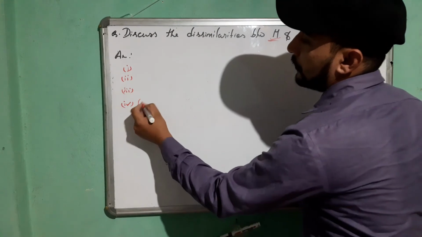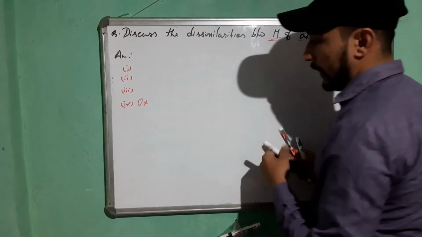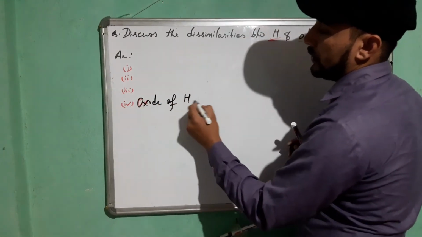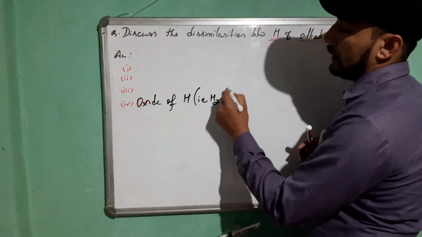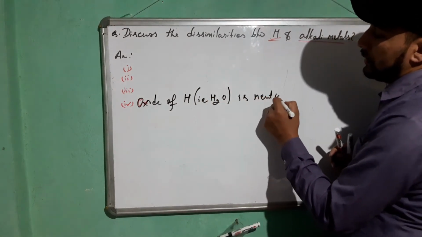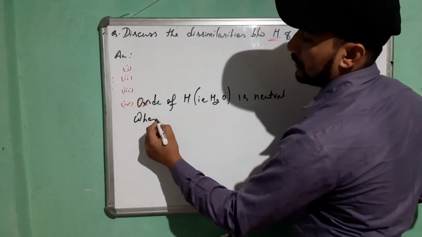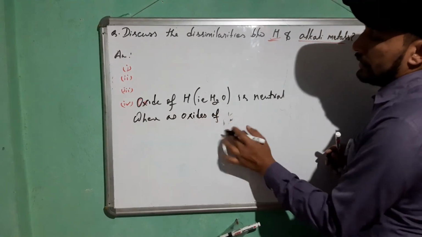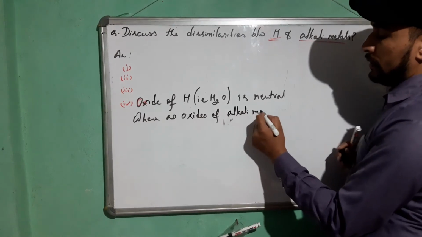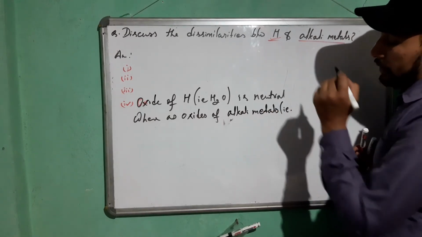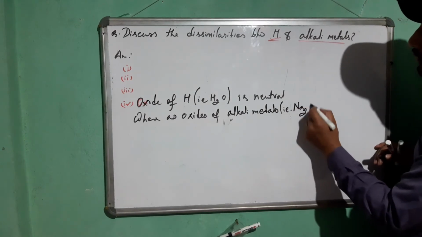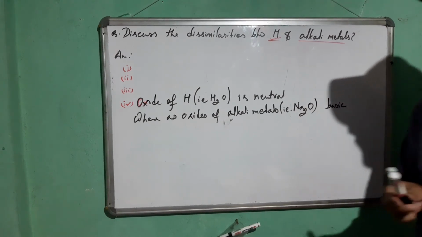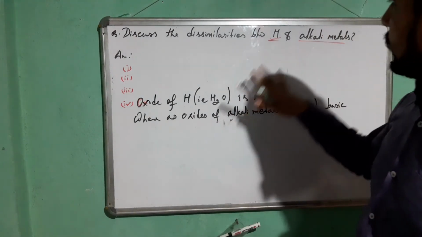Oxide of hydrogen, that is H2O, is neutral, whereas oxides of alkali metals, for example sodium oxide, Na2O, are basic in nature. So this is the 4th dissimilarity between hydrogen and alkali metals.